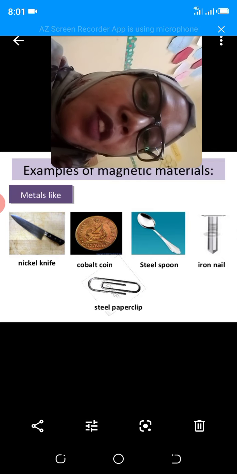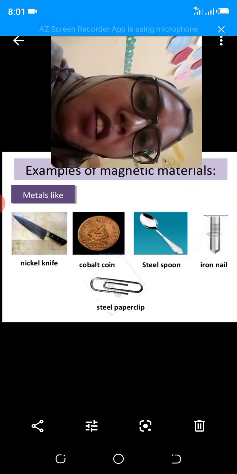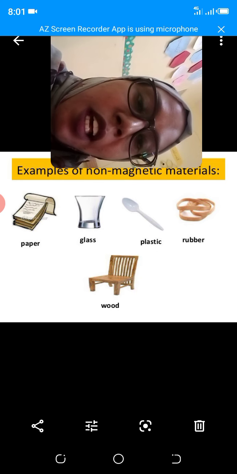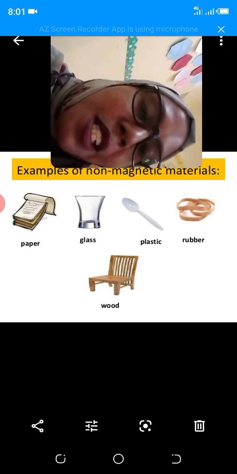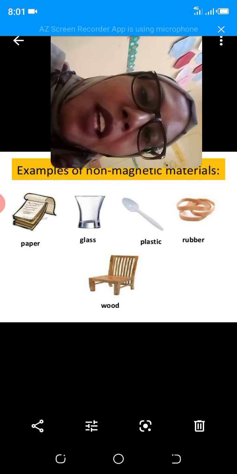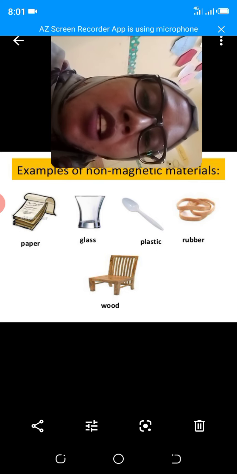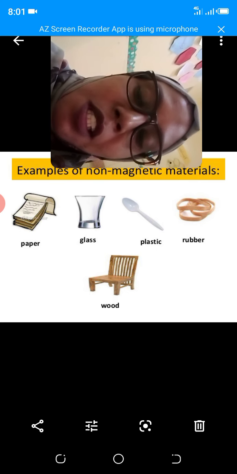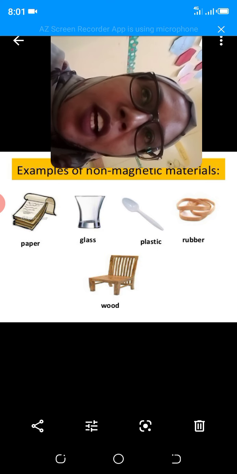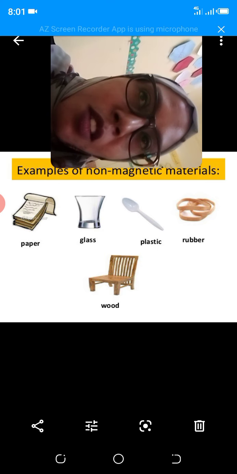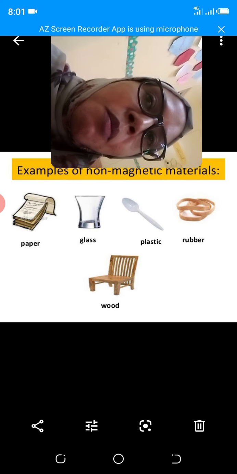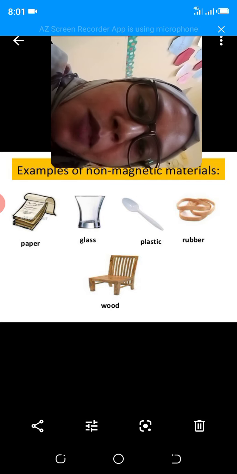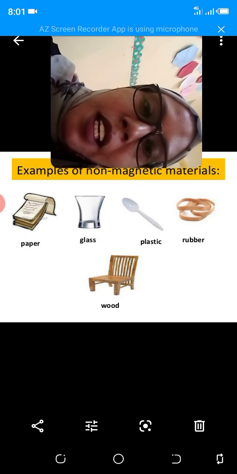Also, examples of non-magnetic material are glass, paper, wood, plastic, rubber. All these materials cannot be attracted by magnet, so we call them non-magnetic material. We find some metals considered as magnetic material, and some metals are not, just like aluminium, copper, and steel.